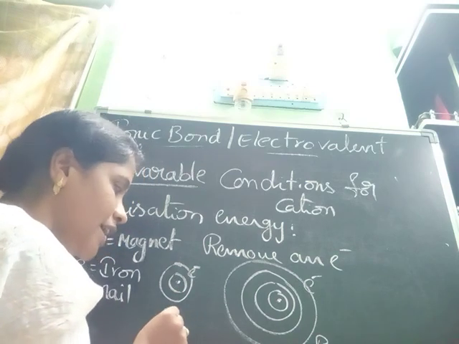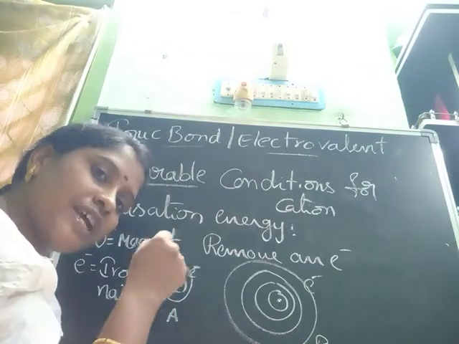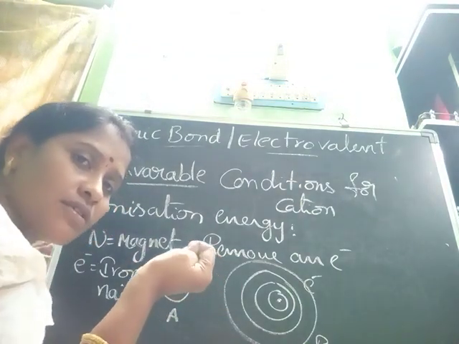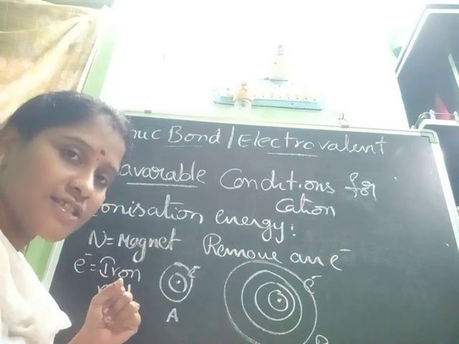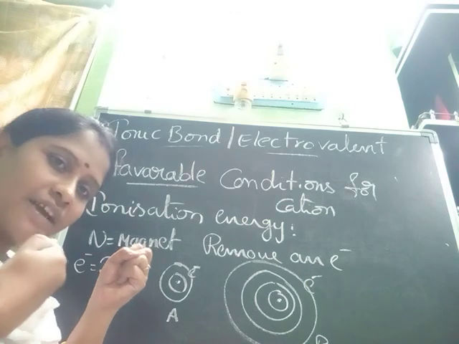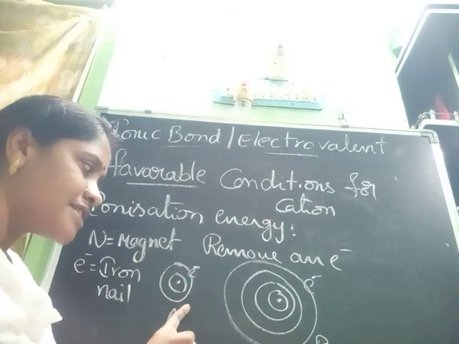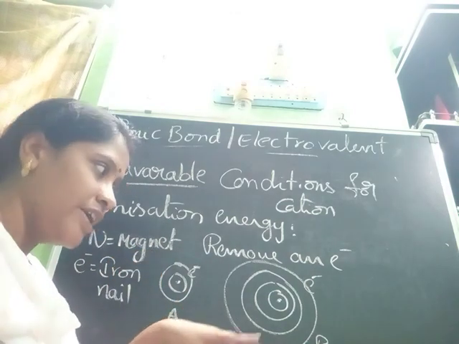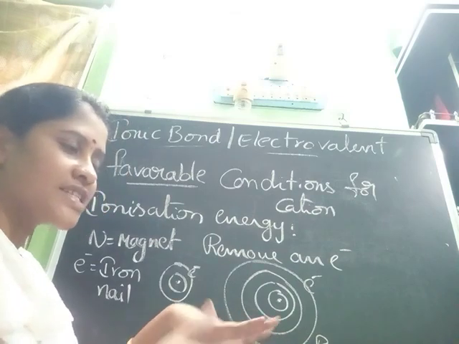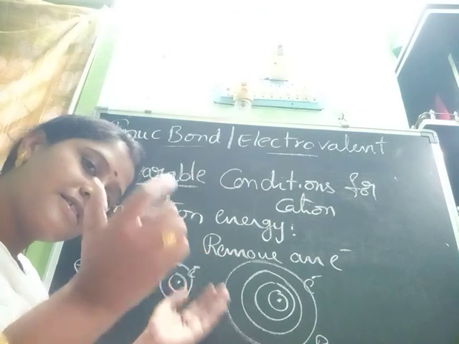It's absolutely A. A needs more energy to remove this electron because the size is small, so it has more nuclear charge. It contains more attraction, so we need more energy to drag that iron nail. So here the ionization energy will be more, and here the ionization energy is less. So if the size is increasing, ionization energy decreases.